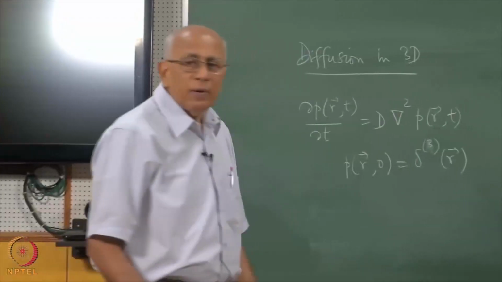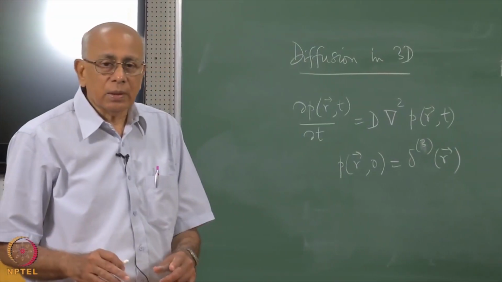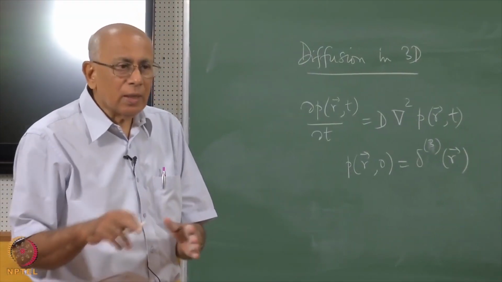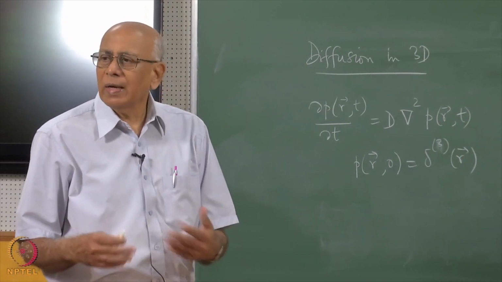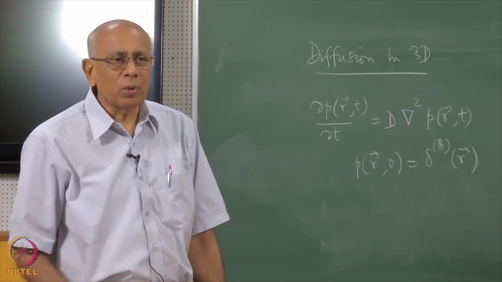Okay. This is a fairly messy thing to do because while the noise is not correlated for different Cartesian components, the moment you go to spherical polar coordinates, things become much more complicated.